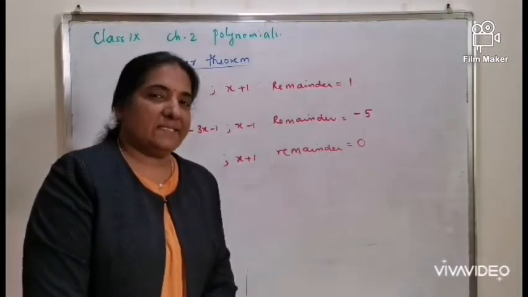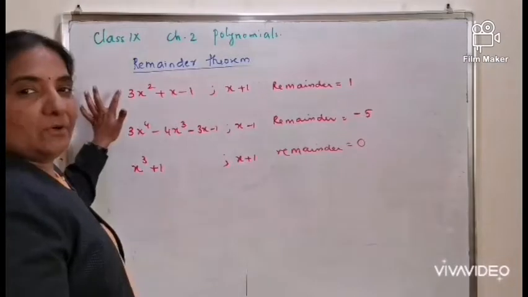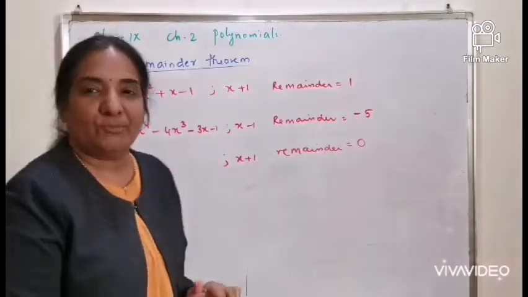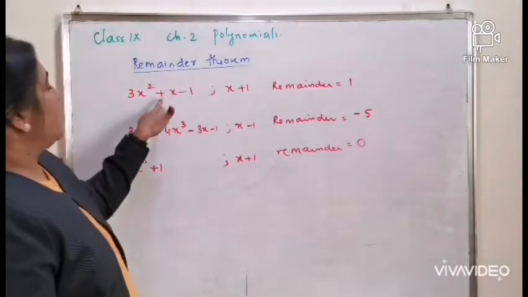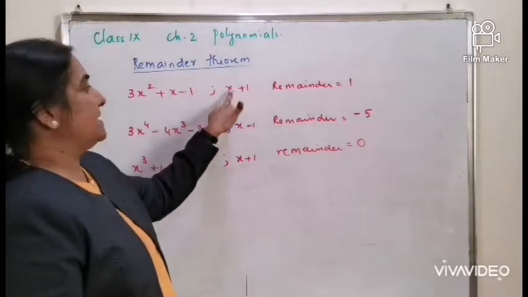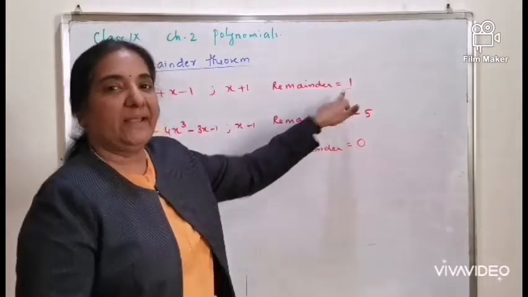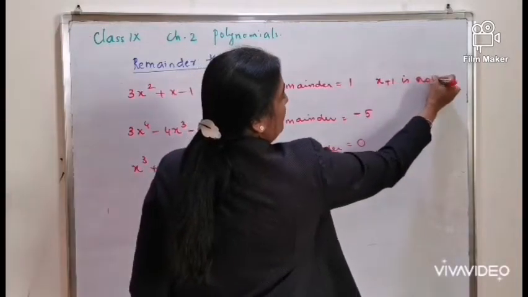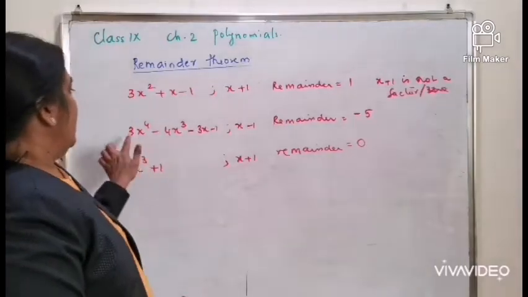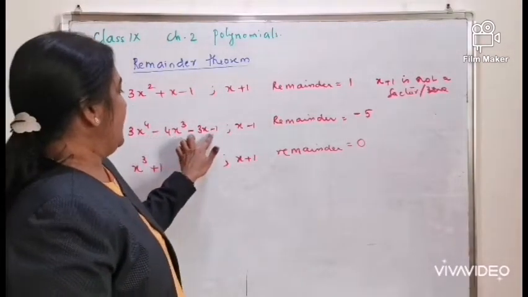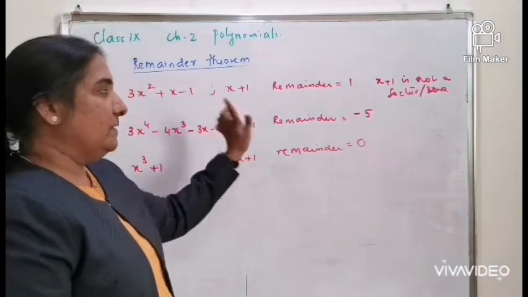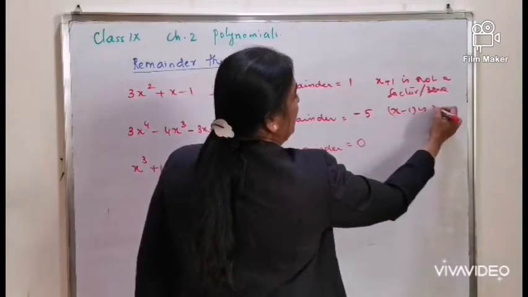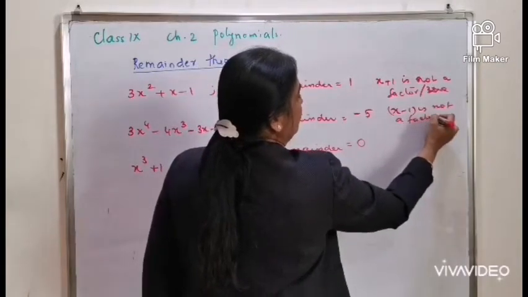If you just revise the division done on these three polynomials by the corresponding polynomials: 3x square plus x minus 1 when divided by x plus 1, the remainder is 1, and we said x plus 1 is not a factor. 3x raised to 4 minus 4x cube minus 3x minus 1 when divided by x minus 1, the remainder is minus 5 and we said that x minus 1 is not a factor.